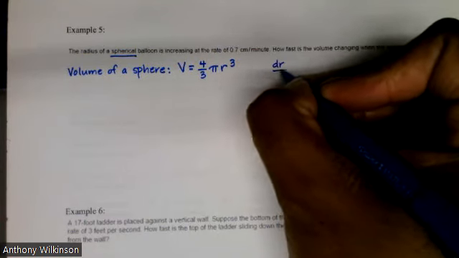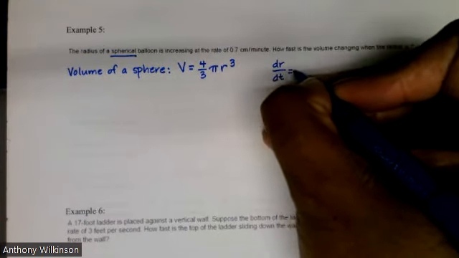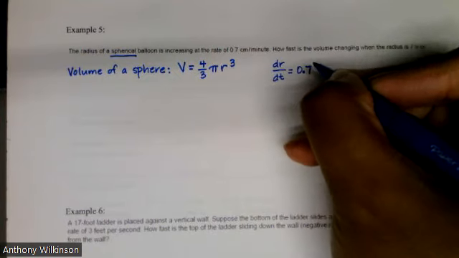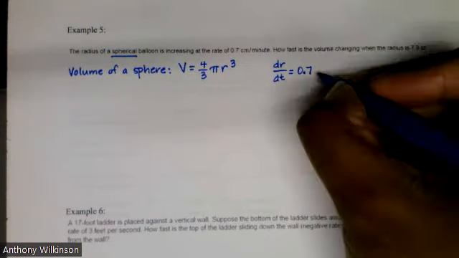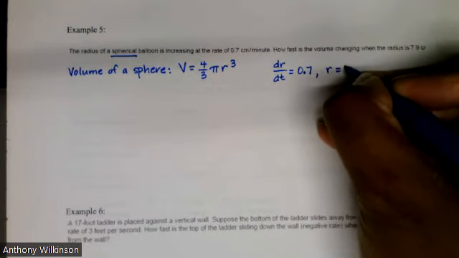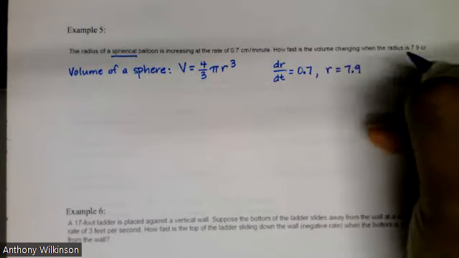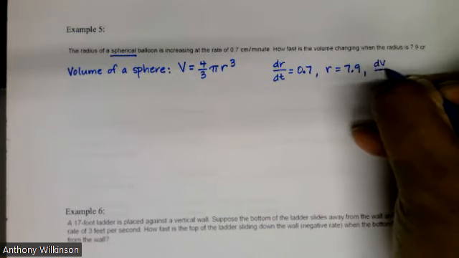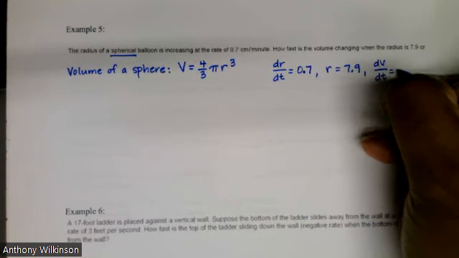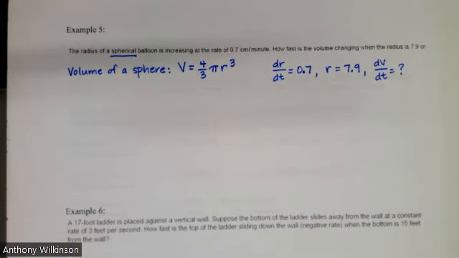So that would be dr/dt, which is 0.7. And here the radius is going to be 7.9 centimeters. So r is 7.9. And we want to find out how fast the volume is changing. So dV/dt is what we're looking for in this particular situation.